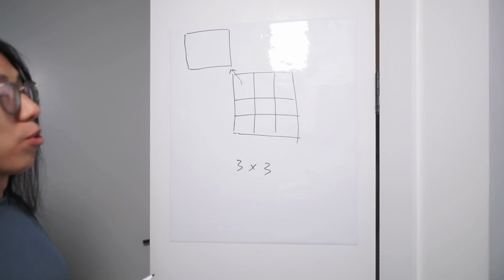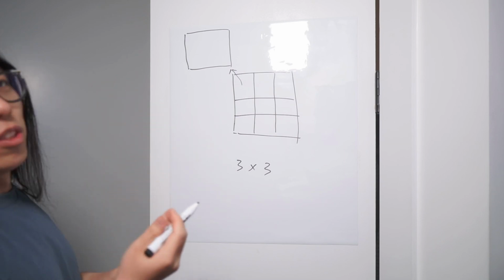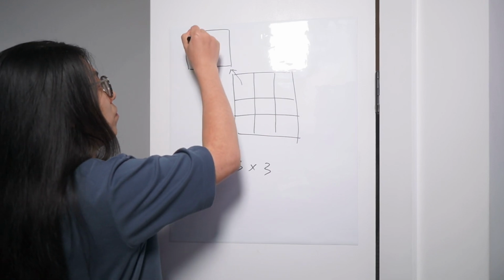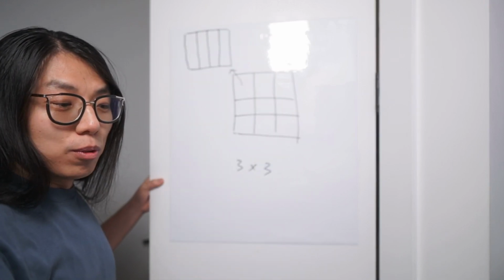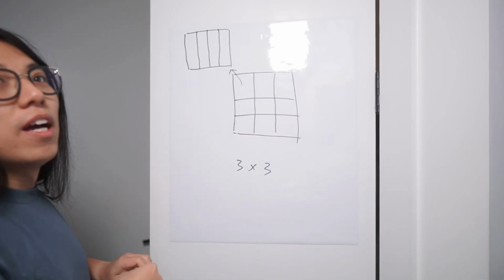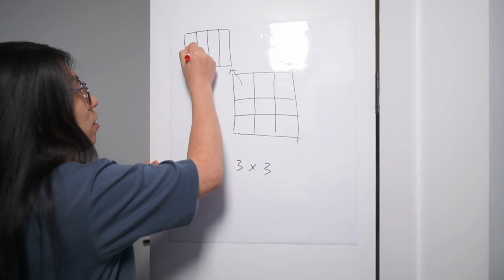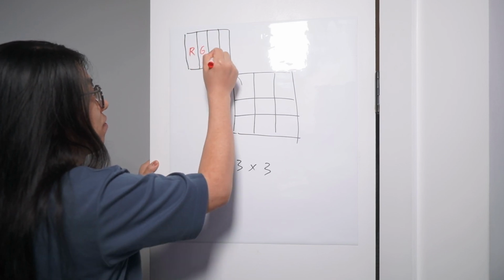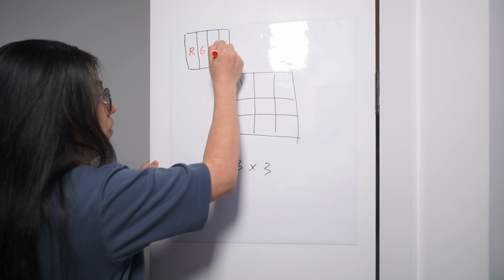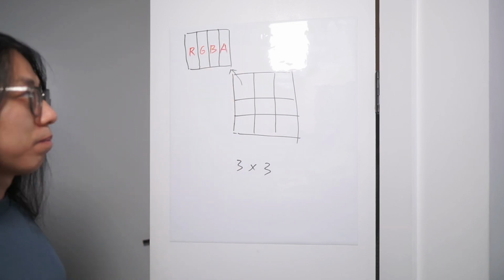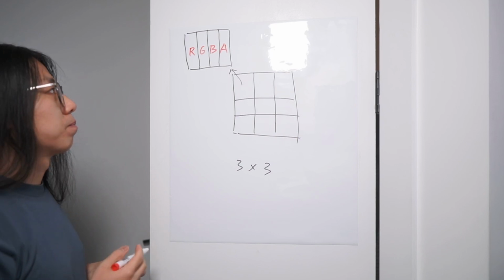So how is it organized? Inside of each pixel, it's actually represented with 4 numbers. So I'm going to divide this pixel into roughly equal sizes. And what are the numbers? It's going to be the R value, G value, B value, and the last one is the alpha, which refers to the opacity. 1 being completely opaque, 0 being completely transparent.